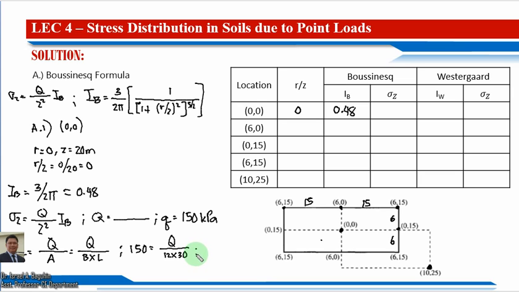So we can get the value of Q, which is 150 times 12 times 30, which is equal to 54,000 kilonewton. So we have the value of our Q.